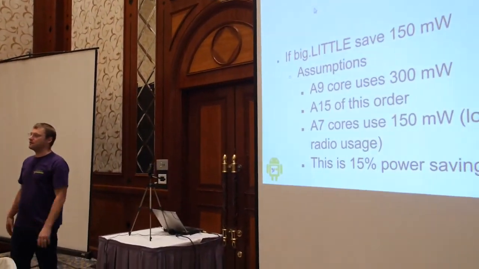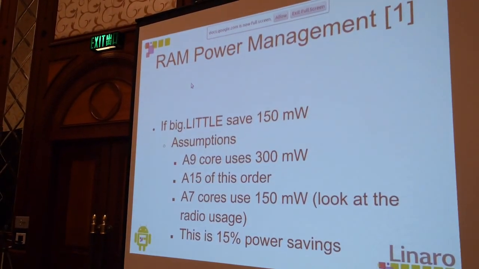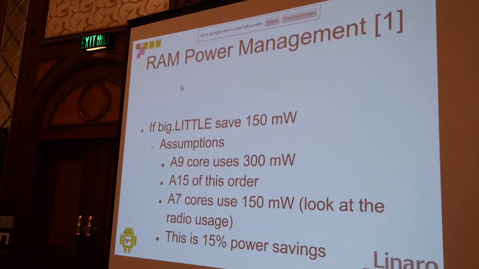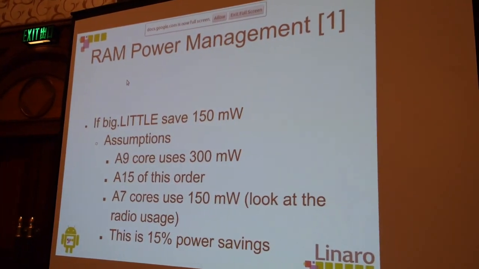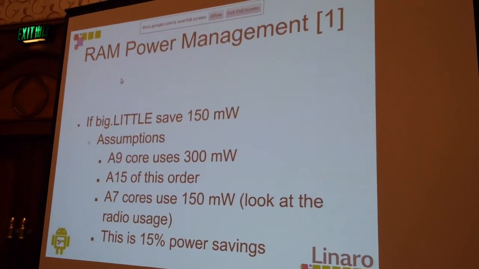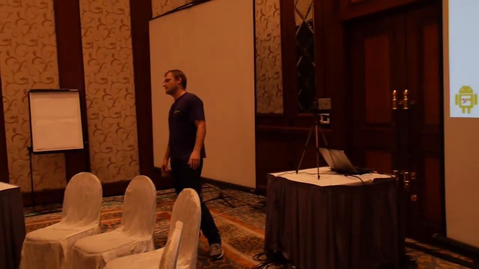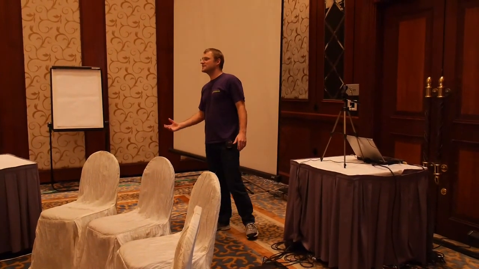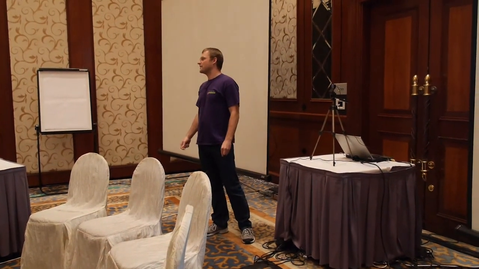So I'm going to say that if you use big.LITTLE it will probably come out to about 15% power savings at the end of the day. Assuming that the A7 uses 150 milliwatts, where the A9s are using 300 milliwatts, which is a third of a watt during runtime, assuming all that, well, that's 15%. So this is a big deal. 5% is nothing to sneeze at. And as Michael Hope always told me, it's a game of inches in power management.